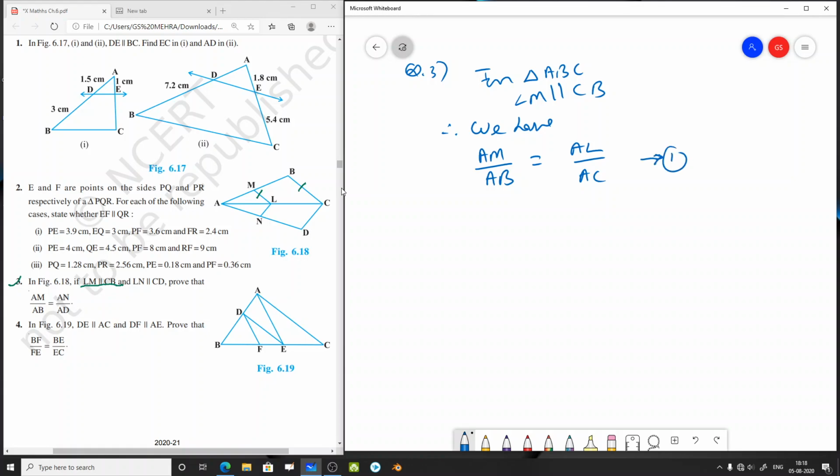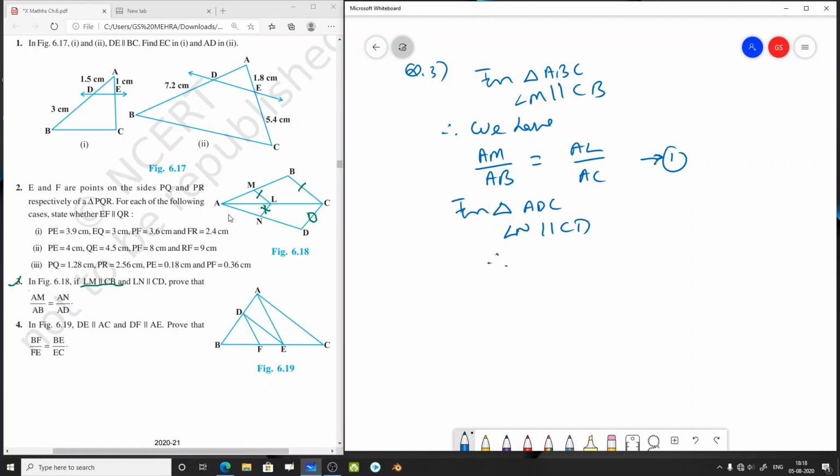Now we will go again to the other side. We will see that what is given to us is LN is parallel to CD. This is our LN and this is CD. So that is what we will write. In triangle ADC, LN is parallel to CD.